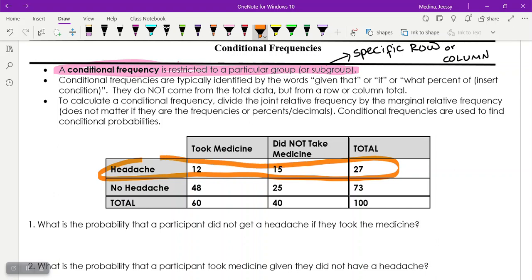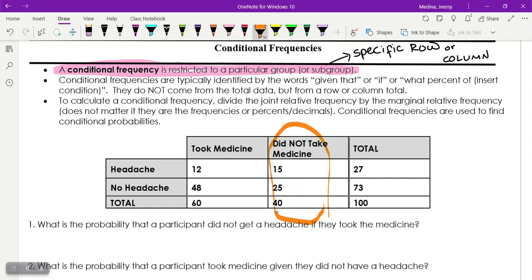See? If I'm only considering the ones that have a headache, so 27 people had a headache. 12 of them took medicine. 15 of them did not. Please learn how to read the table. If I'm working with this one, what do these people have in common? They did not take the medicine. Okay?